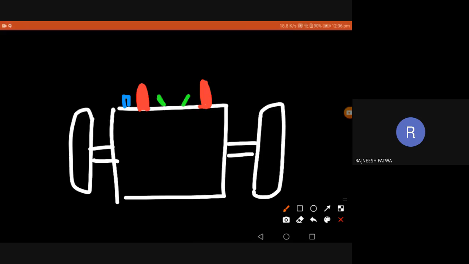So there are two modules: this is sensor module one, and this is sensor module two. Now, what is my agenda? What I'm trying to do is follow a white line. Imagine this is a white line.